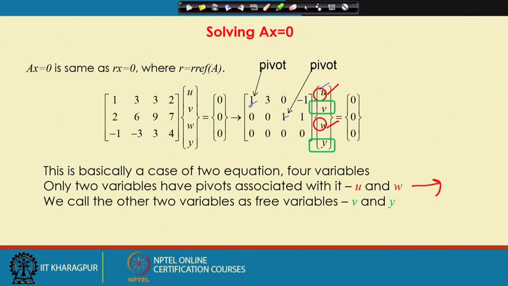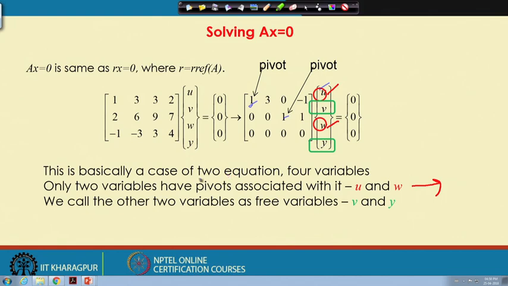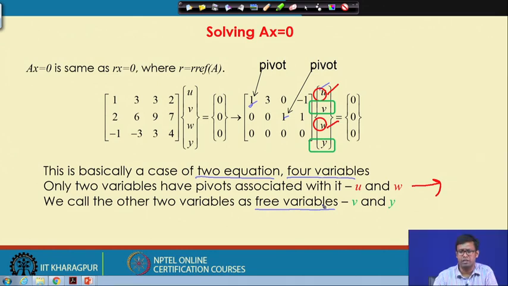This is important because I basically have 2 equations and 4 variables. So, I will allow these 2 free variables to move freely. I can give any value to the free variables, and I will get values of the pivot variables. That is how we get a space with 2 degrees of freedom: v and y can be anything, while u and w will be dependent on v and y. Therefore, with these 2 variables we can define the entire null space, and that is what we will follow in the next few steps.